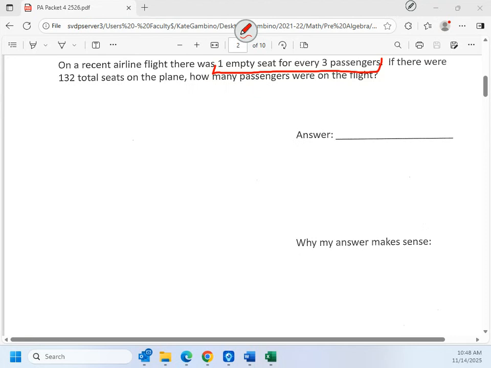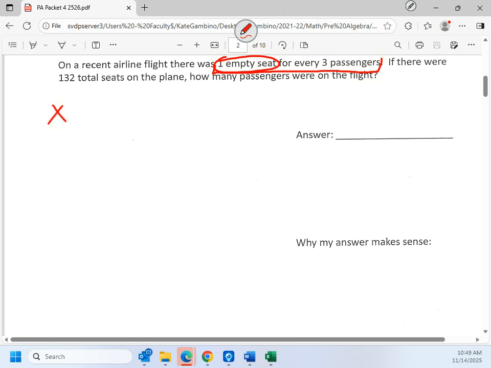So what can we do with that 132? Henry? Divide by 4. That's going to tell you how many empty seats there are, because there's 1 empty seat for every 3. We want to know how many passengers were on the flight. Okay, so I'm working you through.